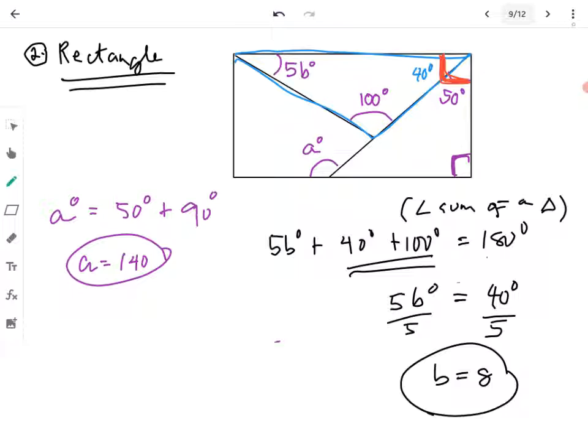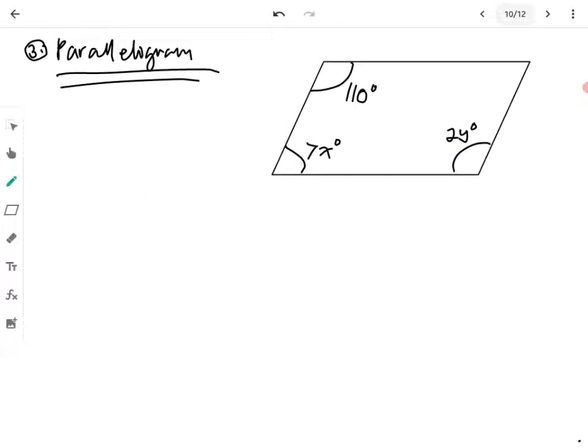Okay, so next is a parallelogram problem. So this figure is a parallelogram. So again, let's solve for x first. The givens here are 110 degrees, 7x degrees, and 2y degrees. We're going to solve for x first. In this scenario, we can use 7x and 110 degrees.